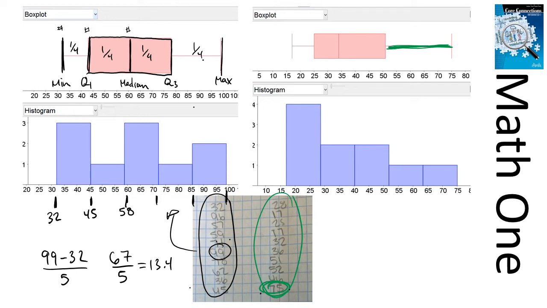If I add 13 to that, I'd be at about 71. 71 plus 13 is 84-ish. So anyways, you get the idea, and then 84 plus 13 would be 97-ish. So it's a little short. But anyways, I've now designated my 5 bins for this data set.